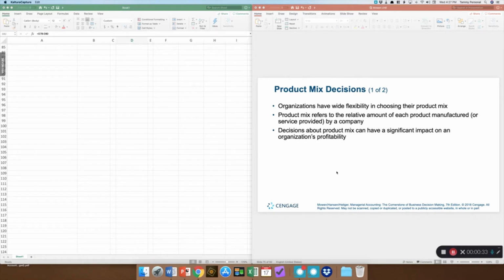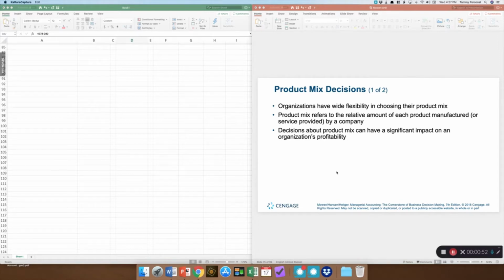Here, in this particular case, we are maximizing profit, which is a firm's version of utility, given the constraint of a resource of some sort. In the example, it's going to be a machine, right?